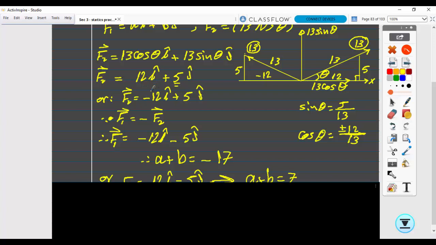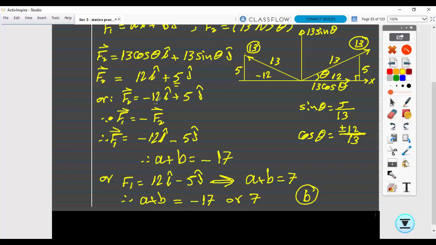Substituting in the first form, we will get F1 equals negative F2, negative 12I minus 5J, because you multiply by negative here. So F1 equals negative 12I minus 5J, so A plus B equals negative 17.